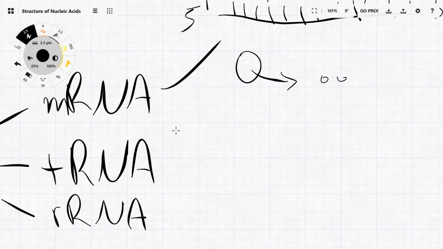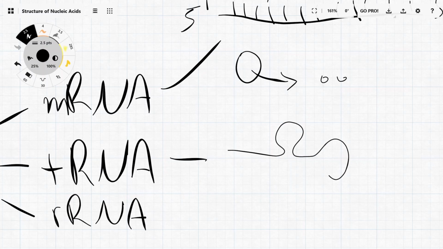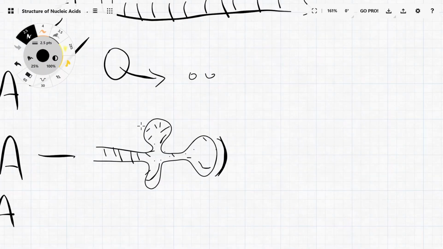Now, tRNA. The shape of tRNA is a coiled cloverleaf shape. So that looks something like this. So we have the nucleotide sequences here, all around the inside. And here will be an anticodon, and it's involved in translation of a gene.